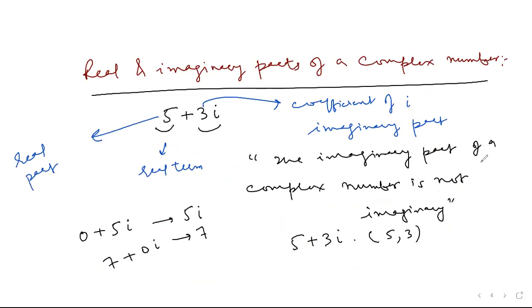Then we noted that imaginary part of a complex number is not imaginary, and we said if the real part of a complex number is 0, then it is called pure imaginary. If its imaginary part is 0, then it is real, like 7 plus 0 iota is written just as 7. Then we said we can write 5 plus 3 iota as 5 comma 3.